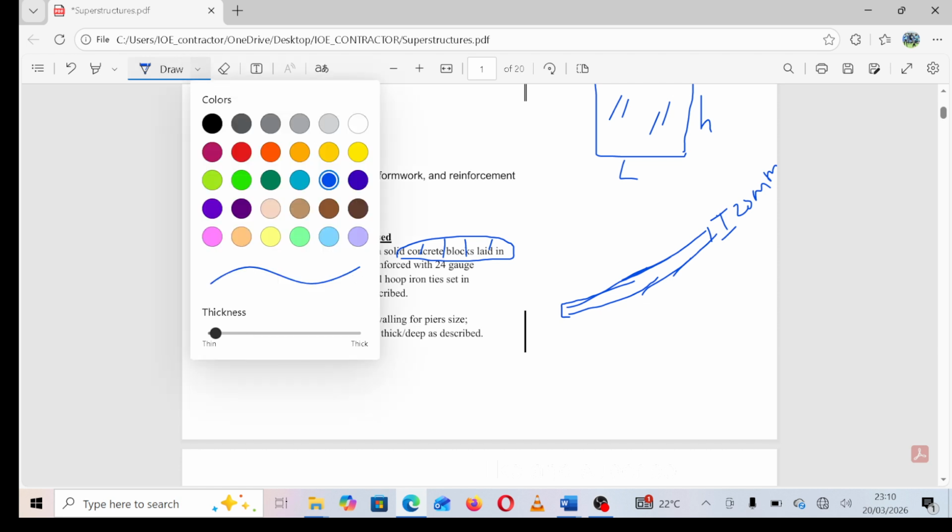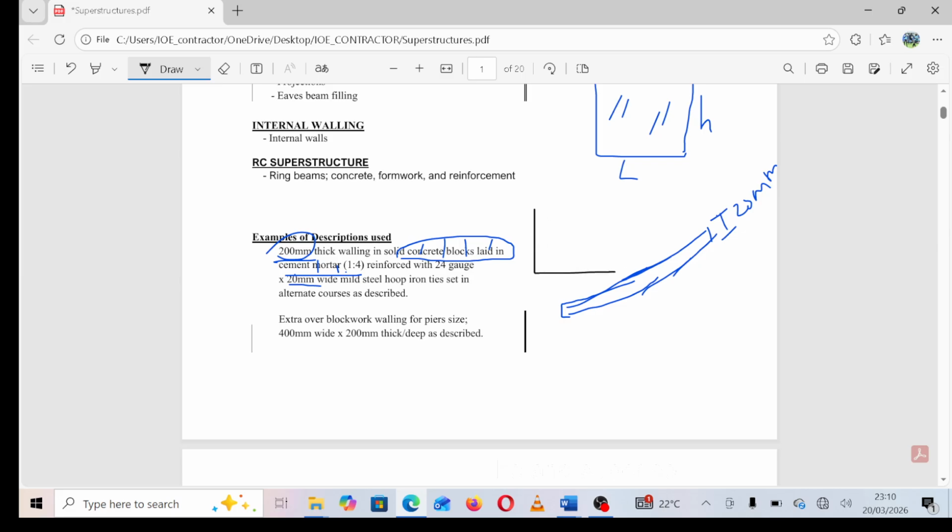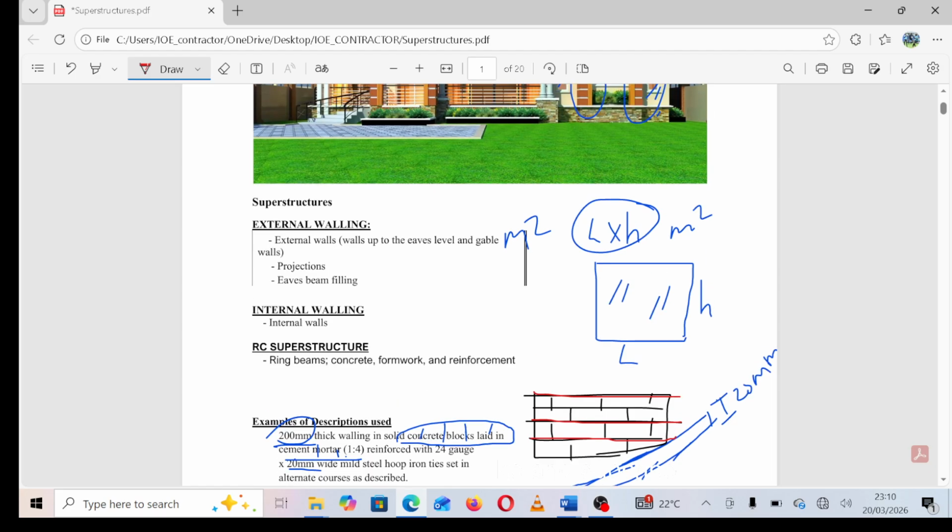Now, assuming you're having a layer of brick here laid in stretcher bond, in alternate courses, it depends on the specifications, but maybe after every course or 3 courses, hoop iron is always laid right here, in between those courses, to ensure that the bricks are held together and further reinforced. So that's a description for walling.